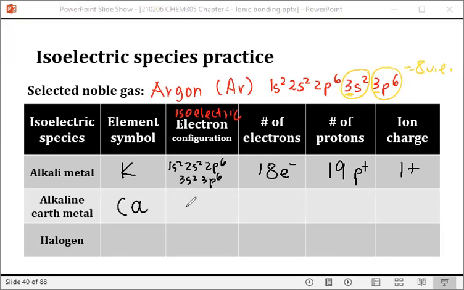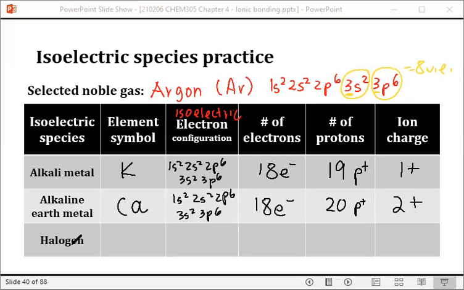It's going to have the same isoelectronic electron configuration as argon, which means it's going to have 18 electrons, but calcium has 20 protons. So if you take positive 20 plus negative 18, the charge on that calcium ion when it's isoelectronic with argon is 2 plus.